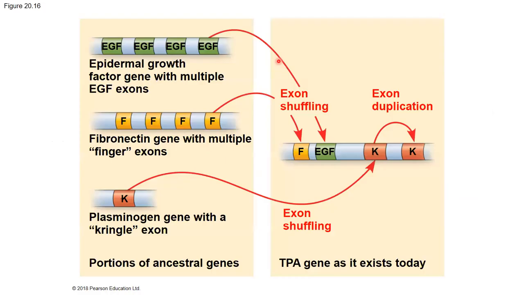So for example, scientists found out that a gene called the TPA gene, tissue plasminogen activator gene, consists of 4 exons, F, EGF, and K exons.